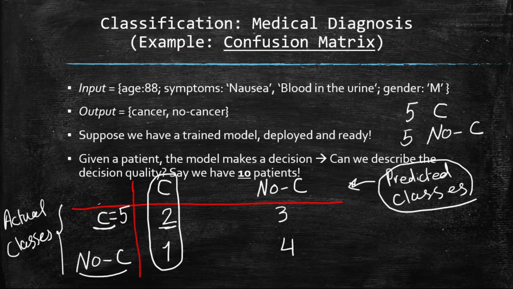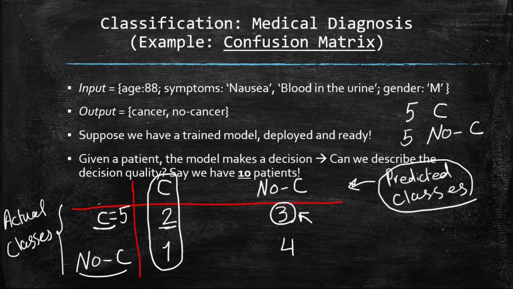So your machine is correctly claiming that 2 of the people in your data set have cancer, but you would have liked it to say 5, but your machine has made a mistake because it has said that 3 of the remaining are no cancer people, right? So these are the wrong decisions. It is claiming that these people are the no cancer case, but it is claiming it wrong, right?